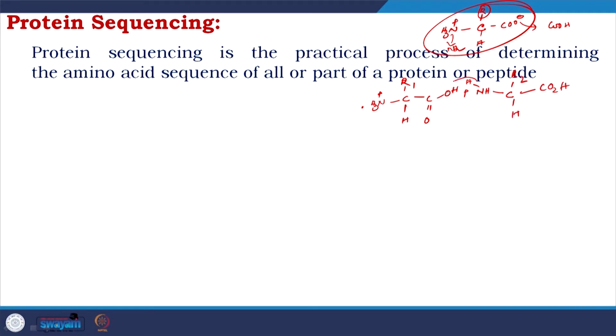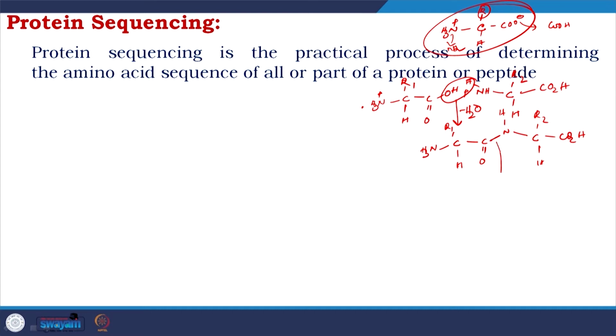Here again one water molecule is released, which is the fate of most polymerization where dehydration happens, and so this is the bond joint.